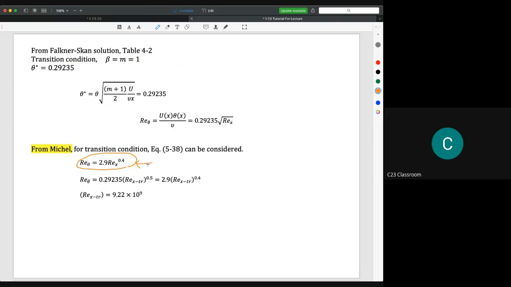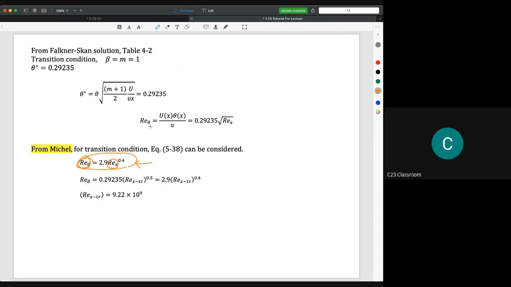Here, Reynolds number theta means they calculate the Reynolds number based on the value of momentum thickness. And Reynolds number x means he calculates the Reynolds number based on the length of the plate, meaning the value of x.